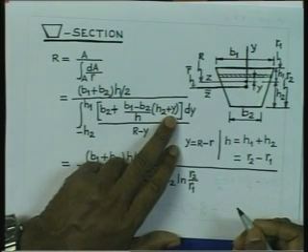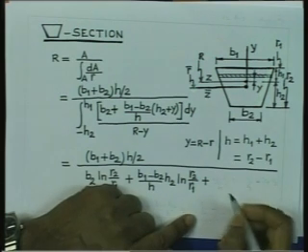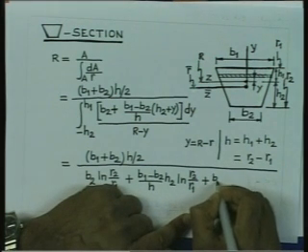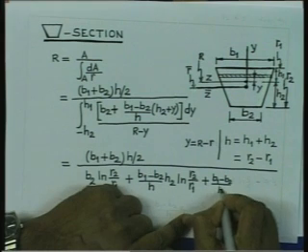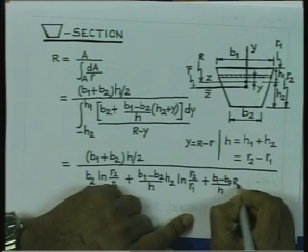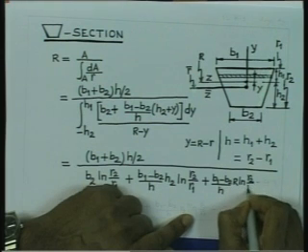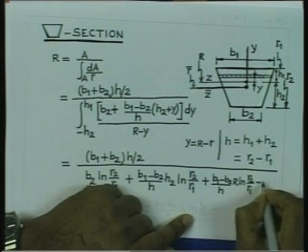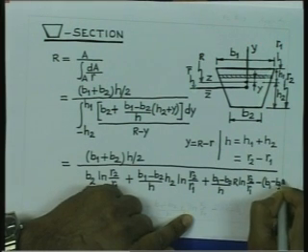This we can add R, subtract R, thereby we will have two expressions, and this is going to give us (B1 minus B2) by H into R ln R2 by R1, and the last quantity is going to be B1 minus B2.